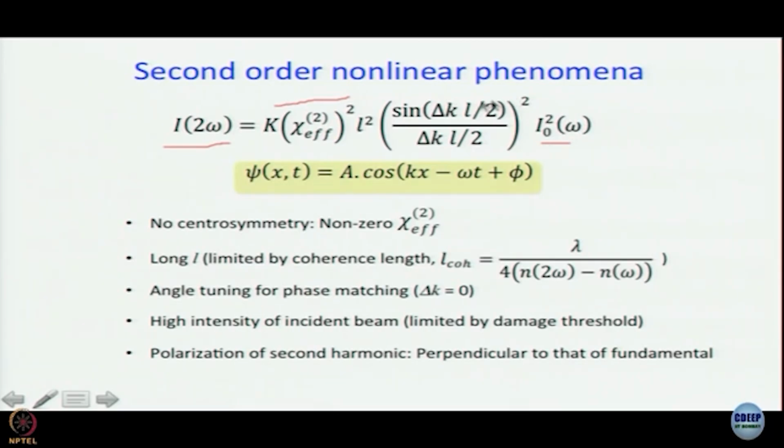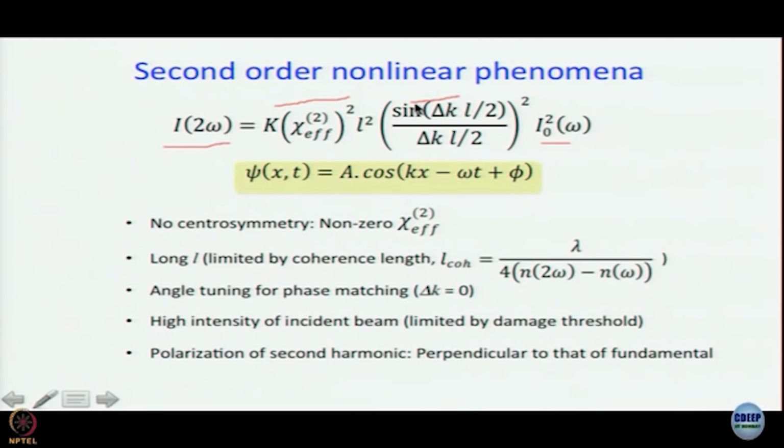And finally, we worked with the term sin squared of delta k L by 2 divided by delta k L by 2 whole squared, where L is the length of the crystal and delta k is the difference between the k vectors, which boils down to the difference in momenta of the combining light. And of course, since it is sin square theta by theta square, it is going to have a maximum at theta equal to 0.